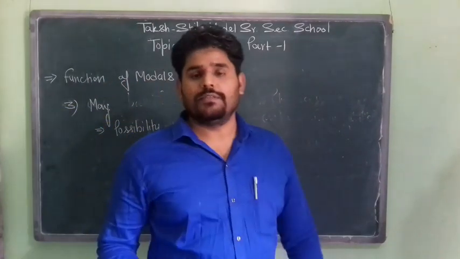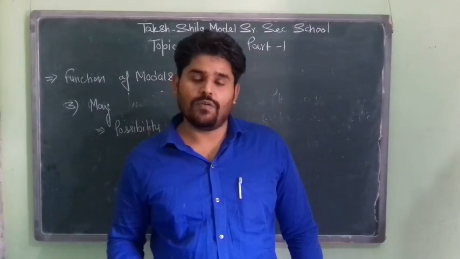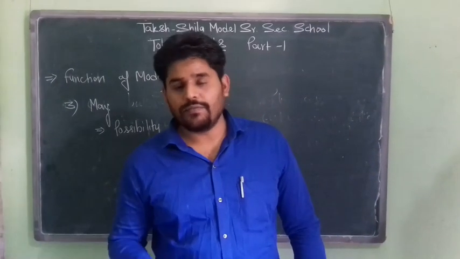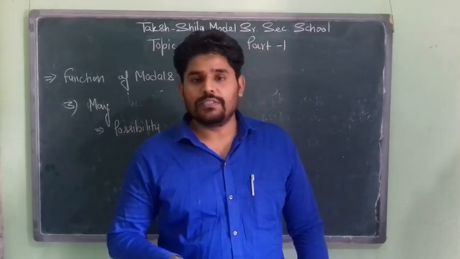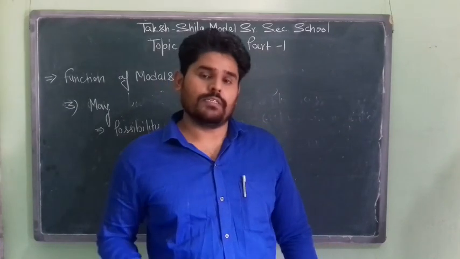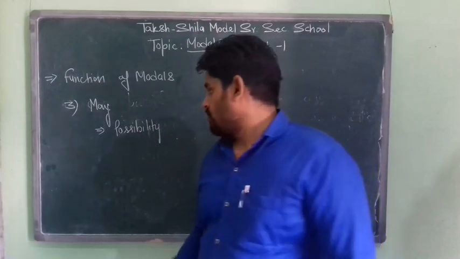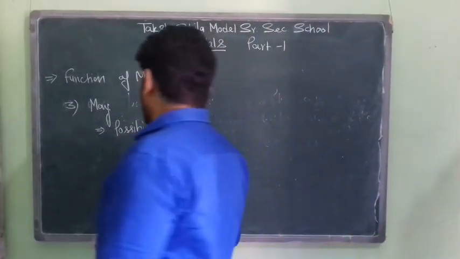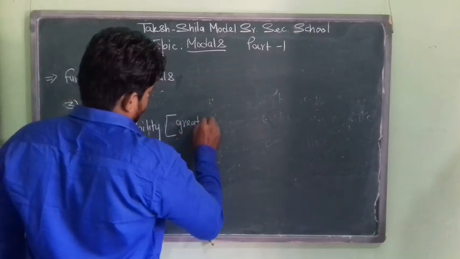What is possibility? Students, possibility means that something can either happen or not. Simply we are not sure whether an incident will happen or not. It means there are chances. It may happen as well as may not. So this is called possibility. But make sure that may is used for greater possibility.